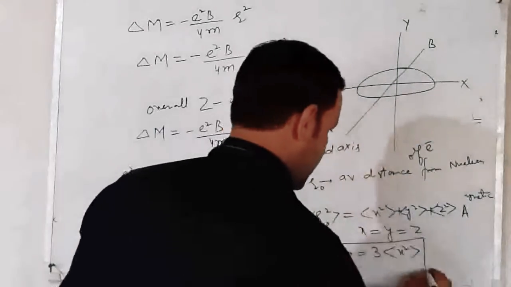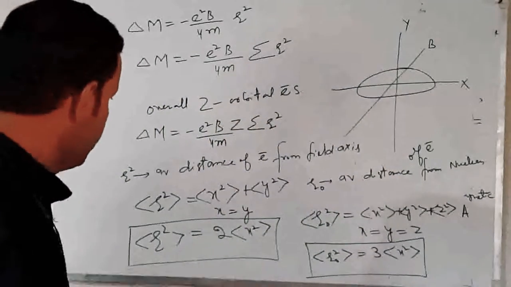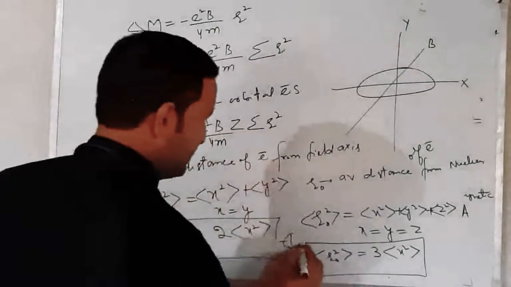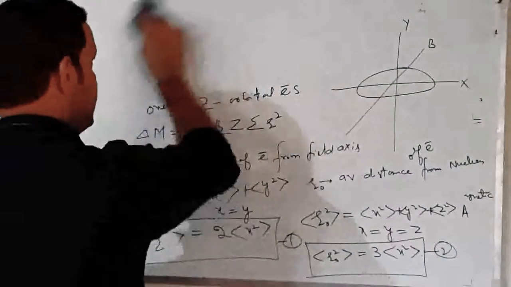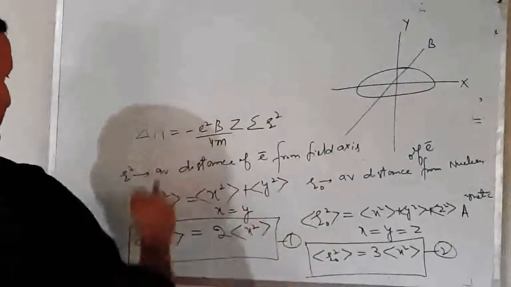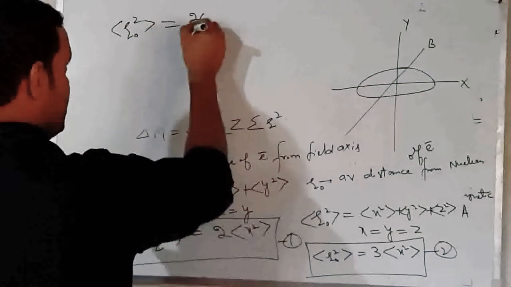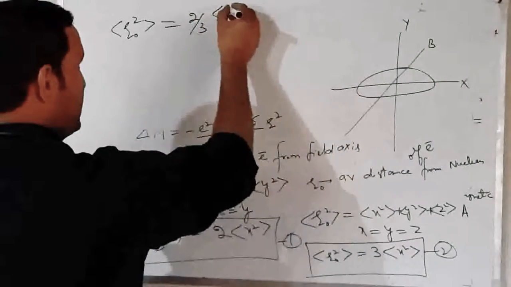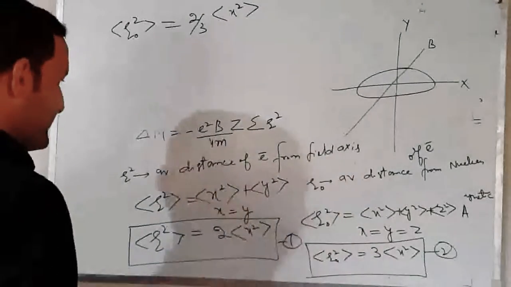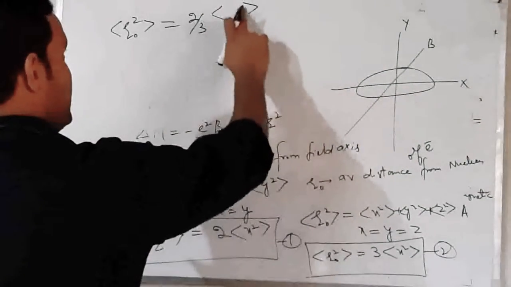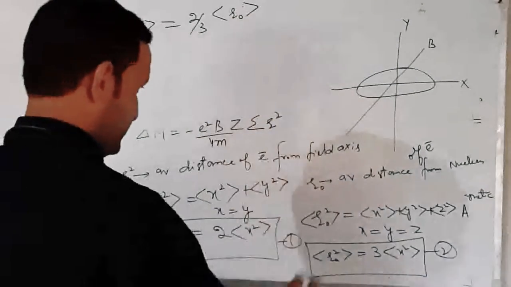So the relation between r naught and r can be calculated from these two equations. From equations first and second, we can write r naught square is equal to 3 upon 2 times r square. This is r square, this is r naught here.